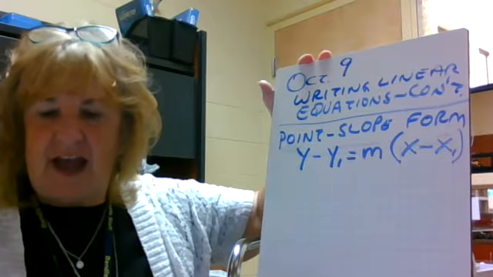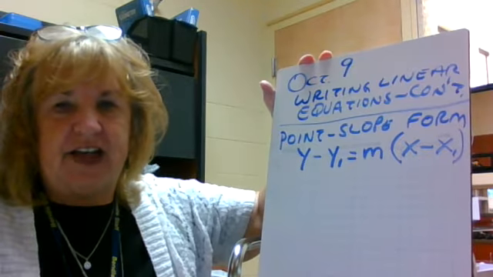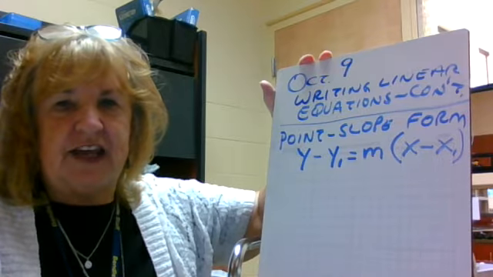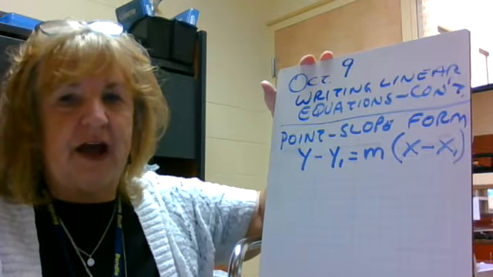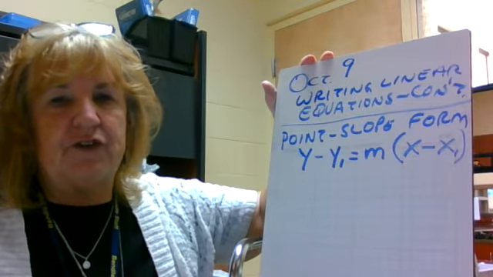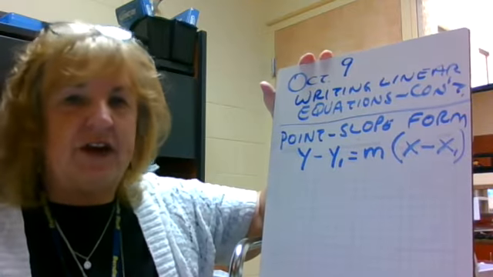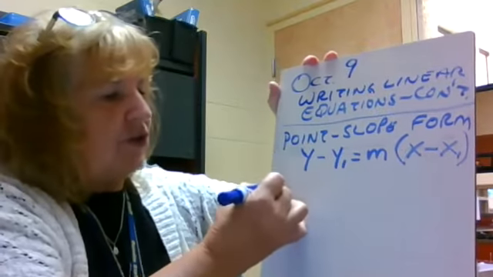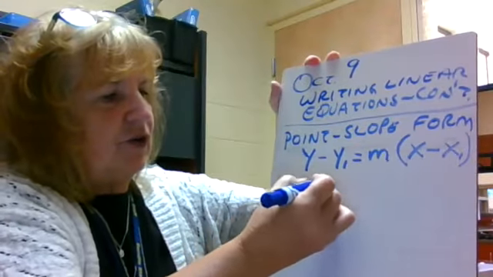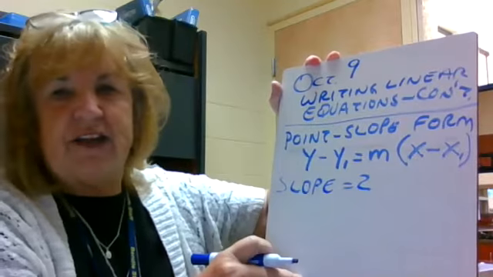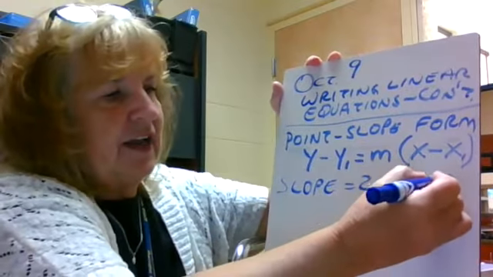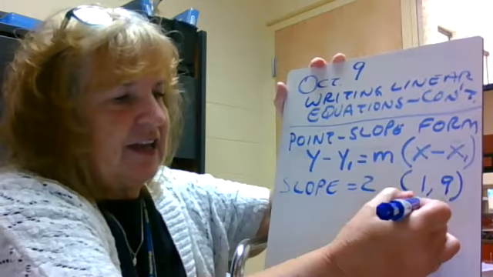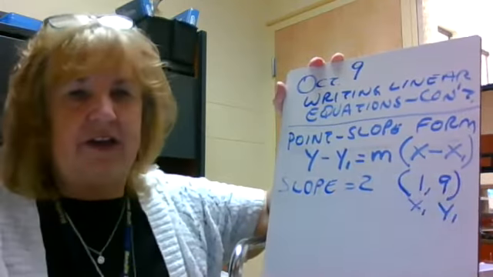So if you take a look at the bottom of page number 6 on your dashboard, there's the first practice there. It wants to know what the equation of the line would be when the slope is 2 and the point that you have is (1, 9). Well, this point is the x1, y1.